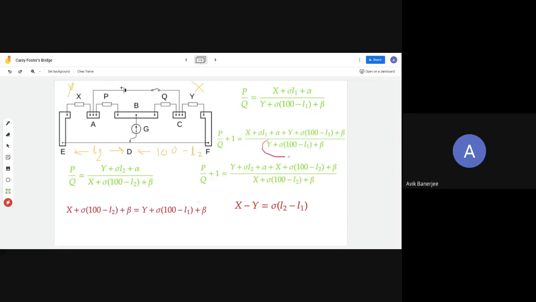So the denominators of the right hand side must be the same as well. So X plus sigma into 100 minus L2 plus beta is equal to Y plus sigma into 100 minus L1 plus beta. So from that, we should be able to write this.